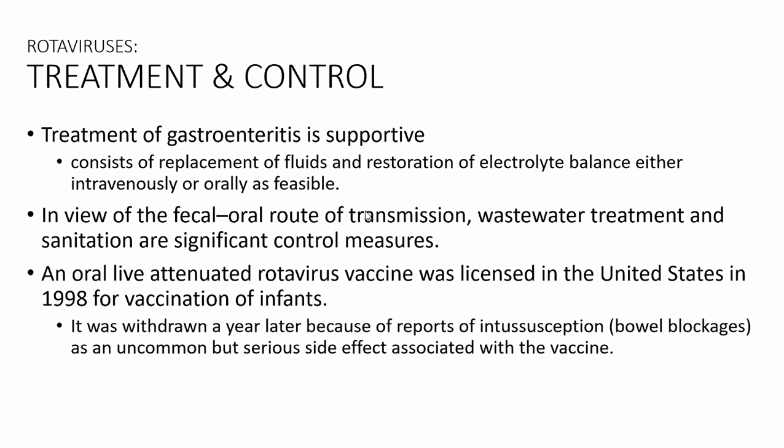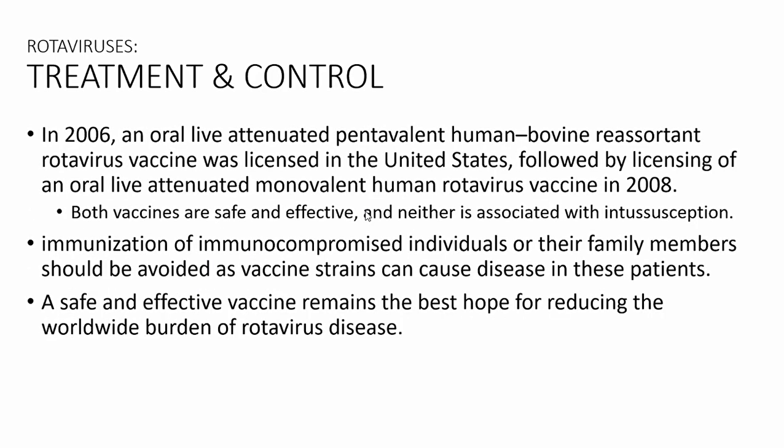An oral live attenuated rotavirus vaccine was licensed in the US in 1998 for vaccination of infants. However, this was withdrawn a year later because of reports of intussusception, an uncommon but serious side effect associated with the vaccine. In 2006, an oral live attenuated pentavalent human-bovine reassortant rotavirus vaccine was licensed in the US.